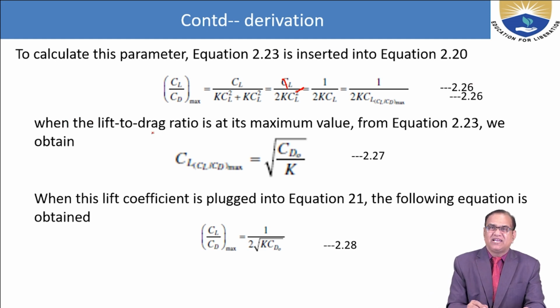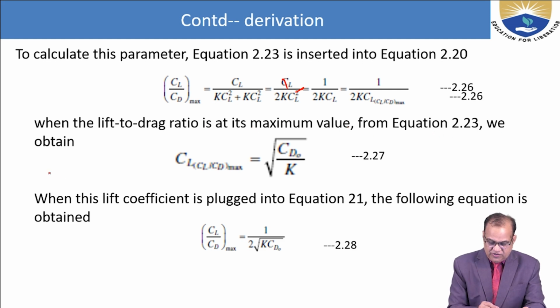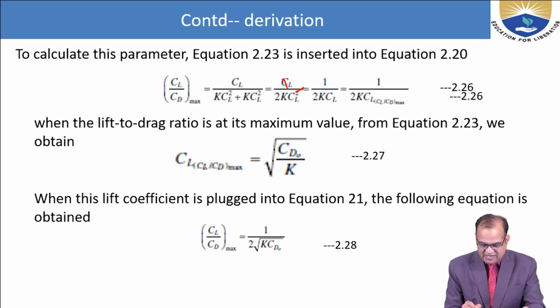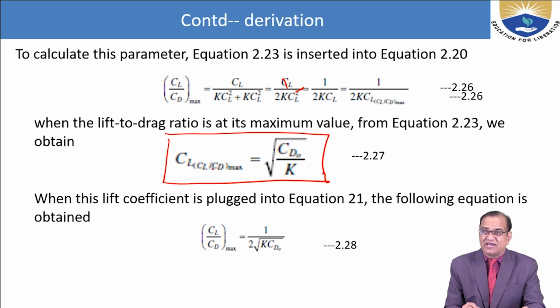So when the lift to drag ratio is at its maximum value, from equation 2.23 we obtain that CL for CL by CD maximum is equal to under root CD naught by K. This is also a very important relation. When this lift coefficient is plugged into equation number 2.1, the following equation is obtained.